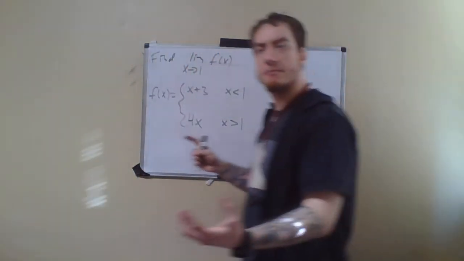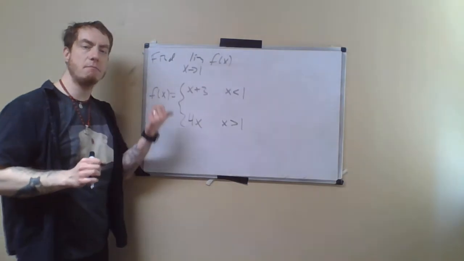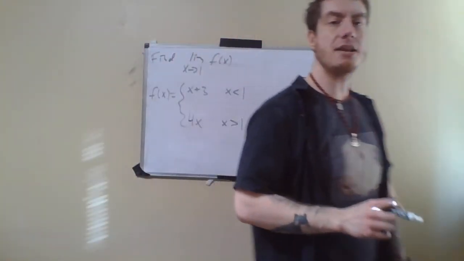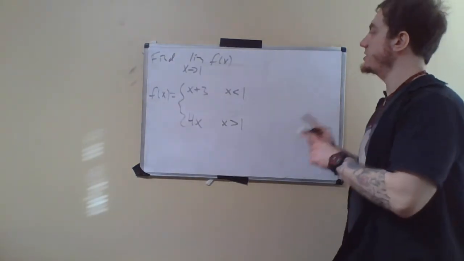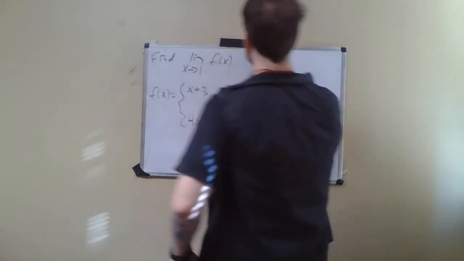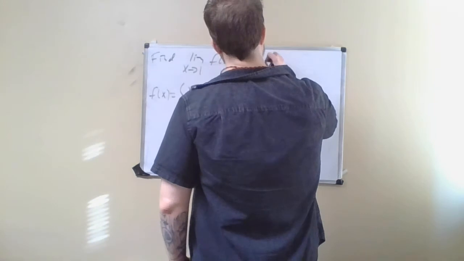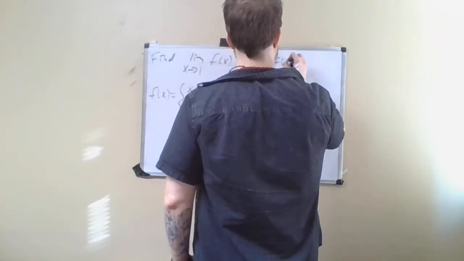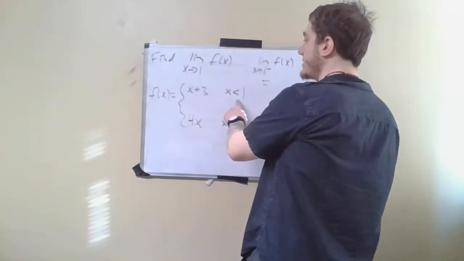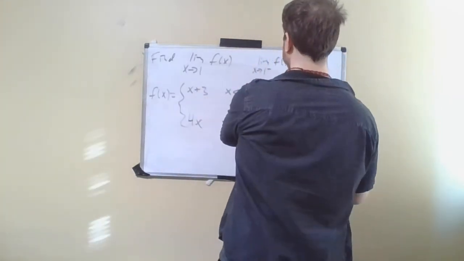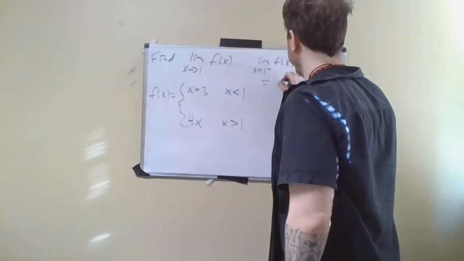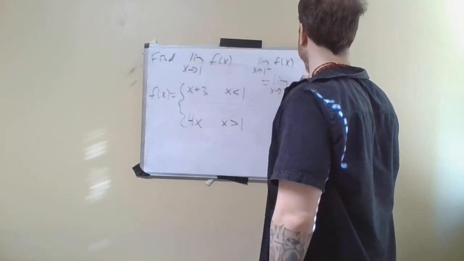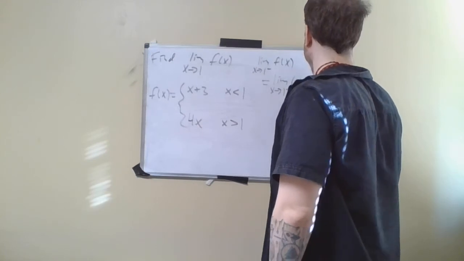Problem: I can't just take the limit because this is not just a polynomial. But what I can do is split this up into two different cases. As x approaches 1 from the left, on the left-hand side of 1, this function is just x plus 3. So the limit as x approaches 1 from the left is the same as the limit of x plus 3 from the left.